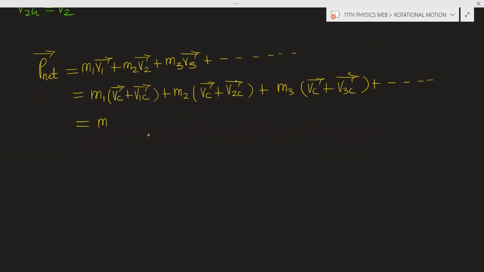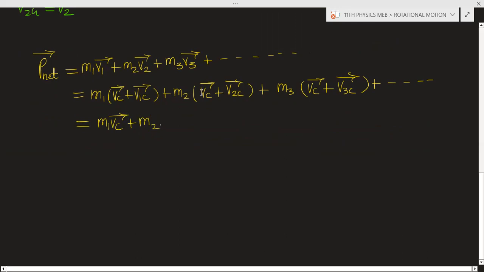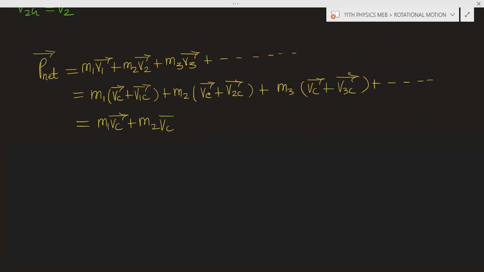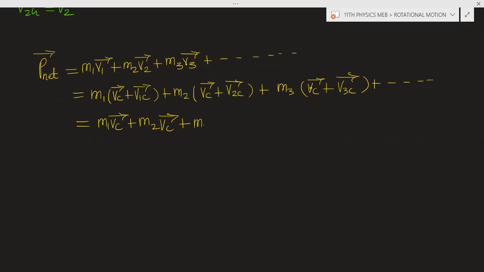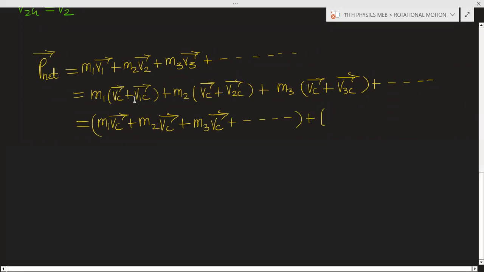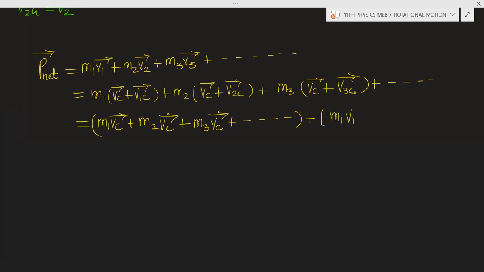So we will get m1 into vc plus, from this bracket, m2 into vc, from this bracket m3 into vc and so on, plus another term: m1 V1c plus m2 V2c plus m3 V3c and so on.